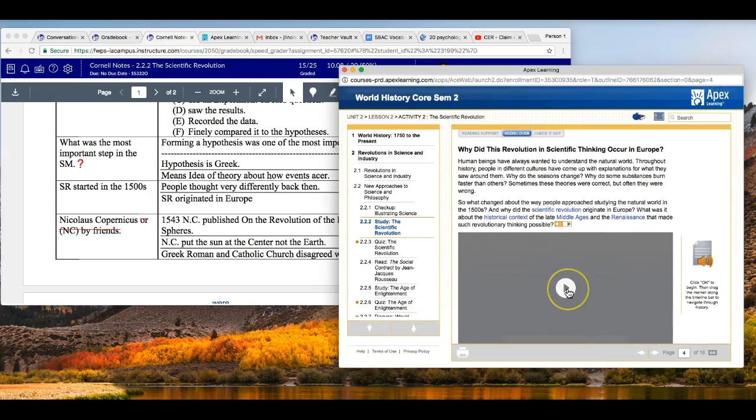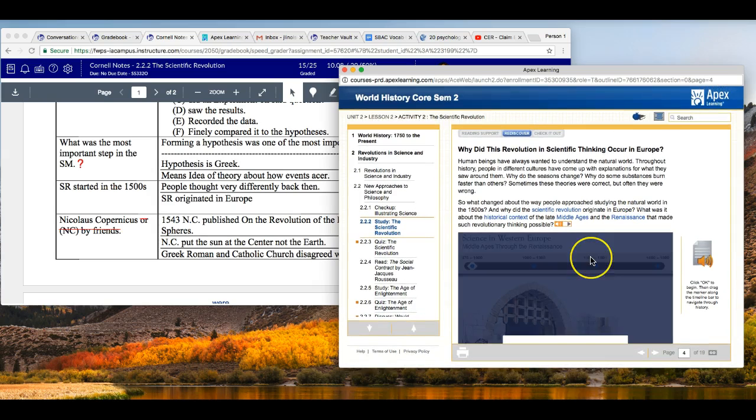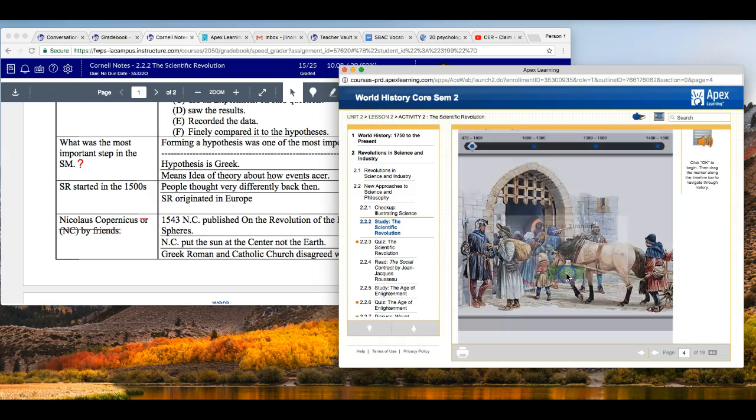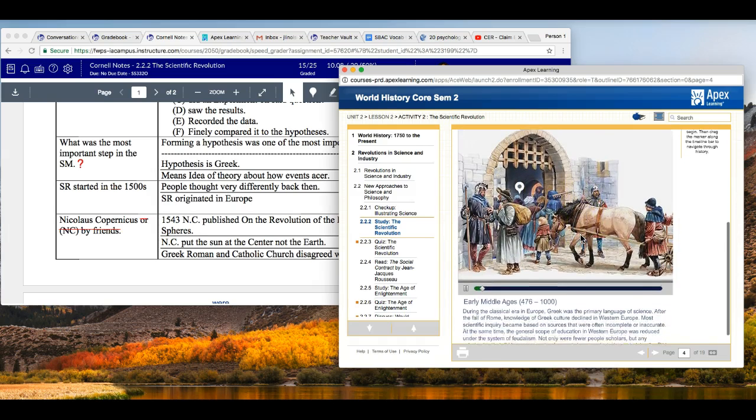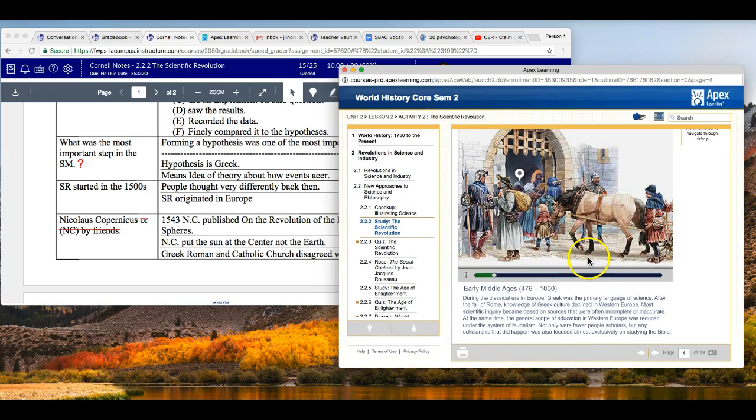And then click on this, the interactive timeline, okay? And it reads to you a little bit. What I mean, I'm going to pause this. What I mean by interacting with the timeline is that you are going to be looking over these little bullets or talking points.